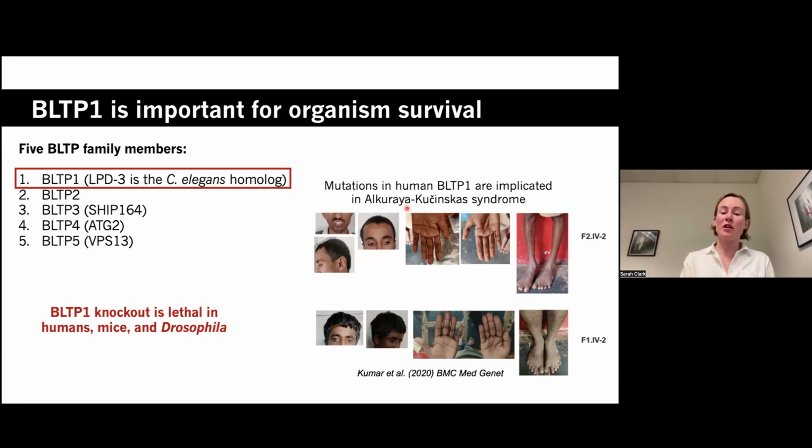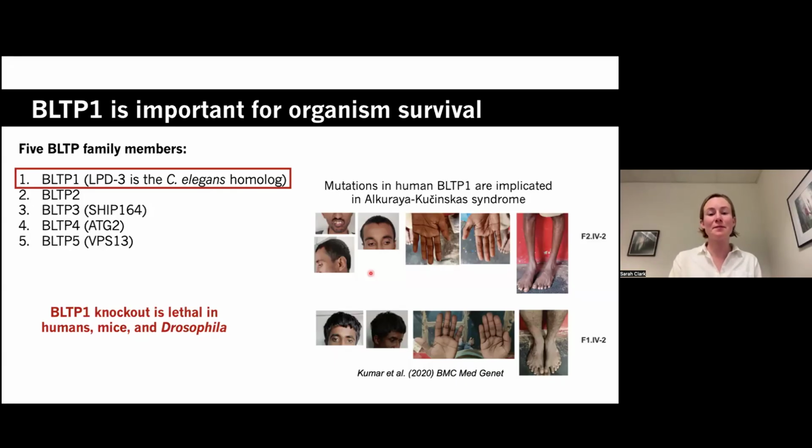This disease is relatively rare, mostly because most mutations in BLTP1 are lethal, but it results in all sorts of physical deformities as well as intellectual disabilities and a whole host of other symptoms which make the disease relatively difficult to diagnose and currently impossible to treat, because we don't know the mechanism behind BLTP1-mediated lipid transfer. So we can't understand how mutations are impacting lipid transfer and begin to think about treatment options.